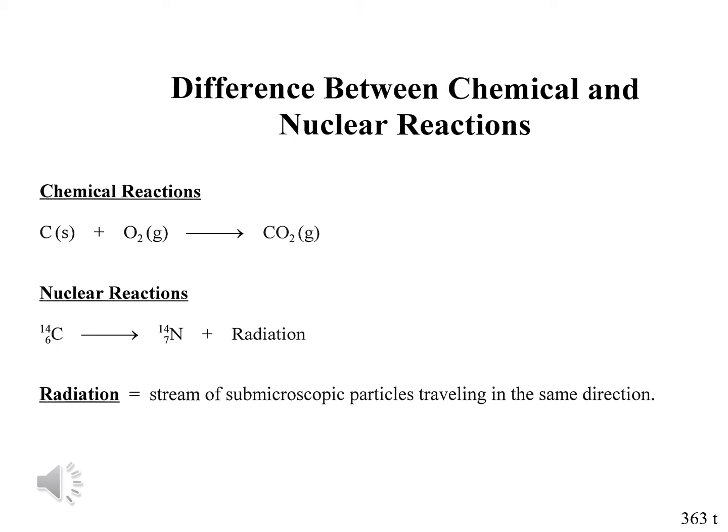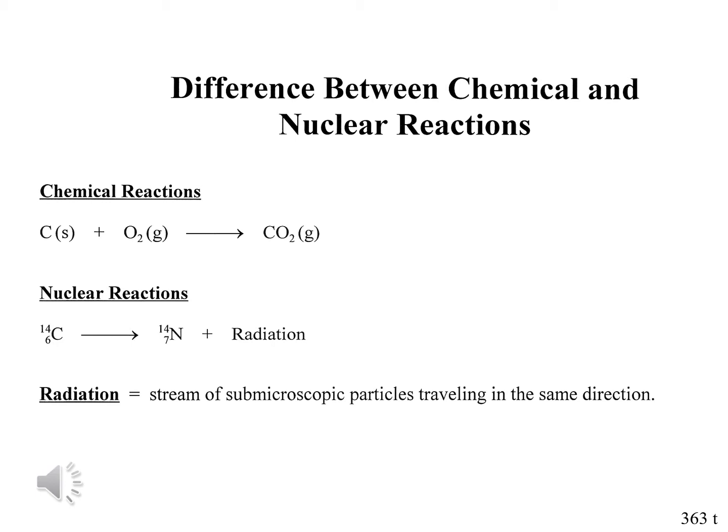So the first thing I'm showing on this slide is the difference between a chemical reaction, which is what we've been studying in both 131 and 132 so far, and a nuclear reaction. The chemical reaction on this slide shows carbon solid, which is basically charcoal or graphite, reacting with oxygen, or burning, to produce CO2 gas.